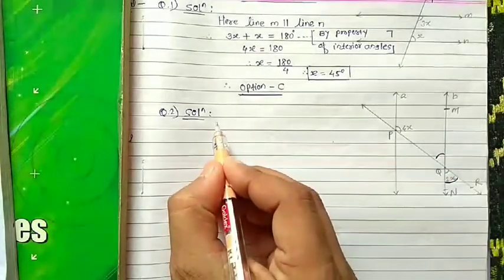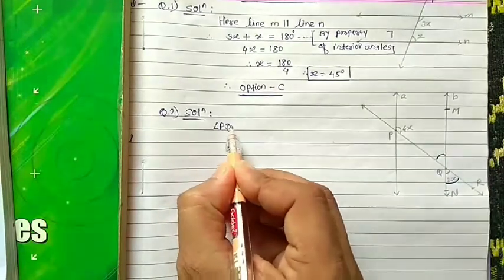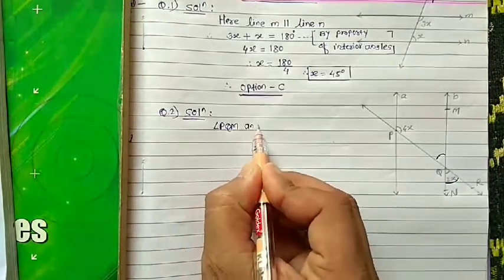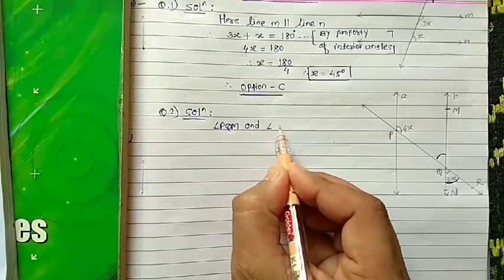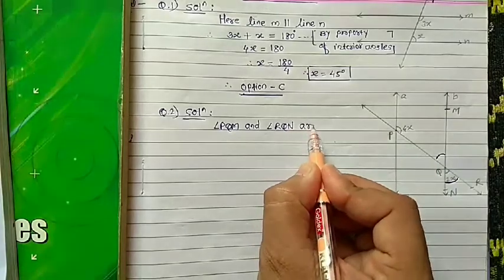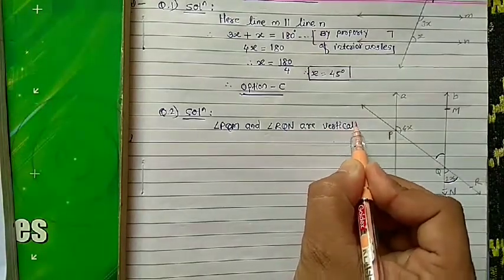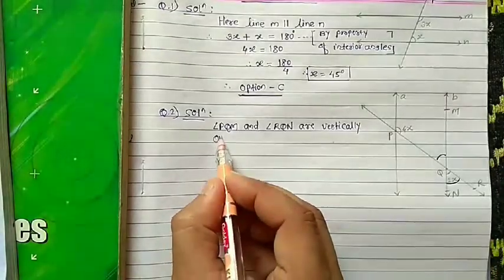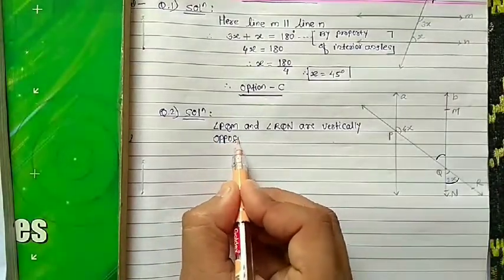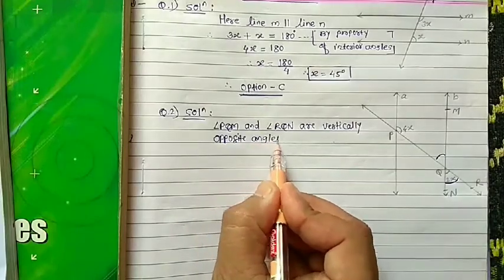So here angle PQM and angle RQN are vertically opposite angles.